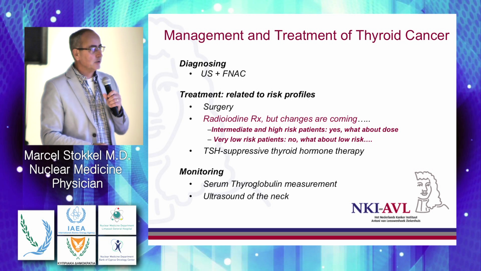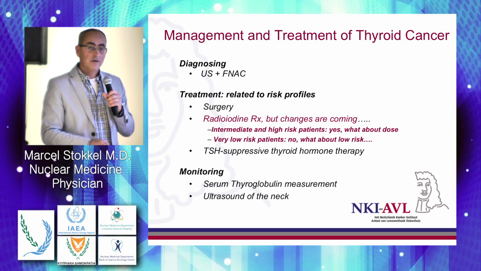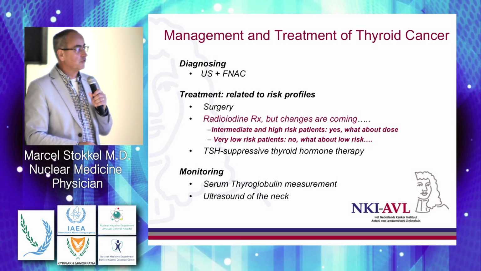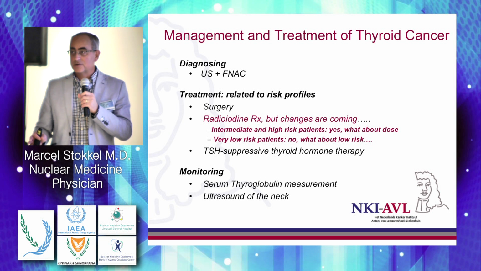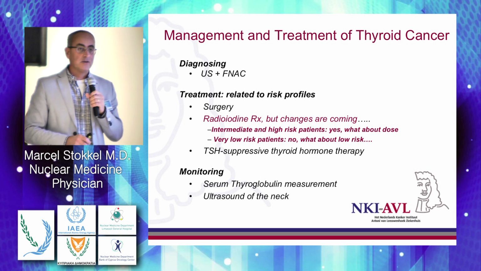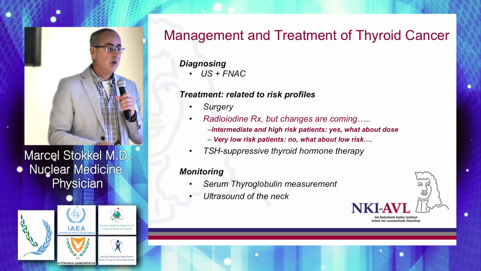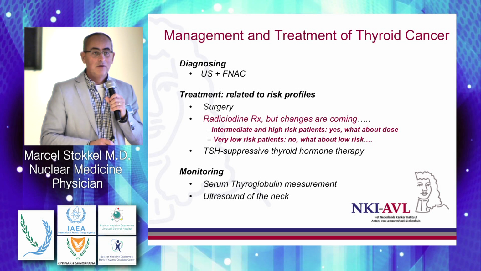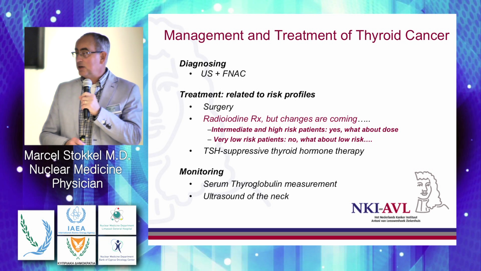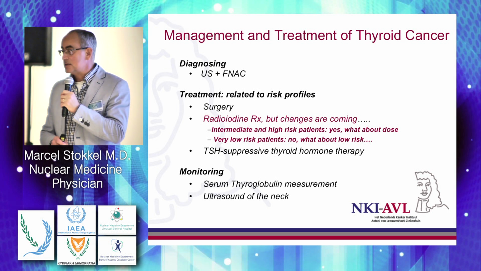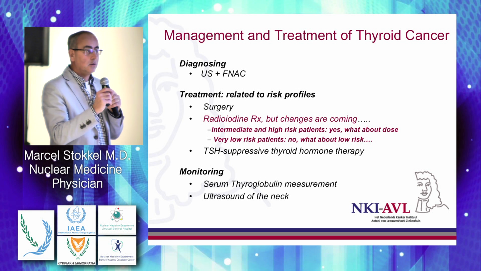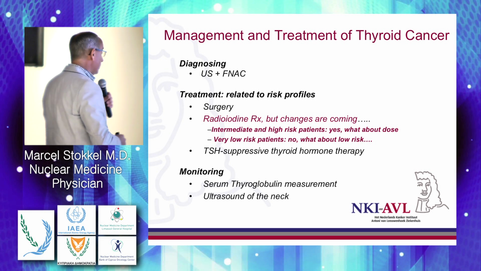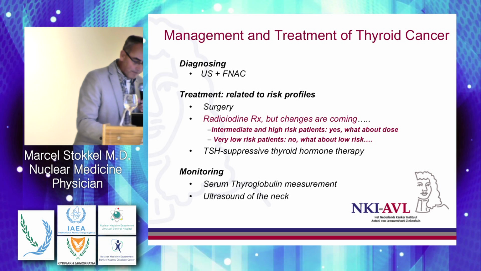Serum thyroglobulin levels stimulated can be measured in combination with ultrasonography of the neck. Only when there is doubt about your results, you may think about a diagnostic scan, but the diagnostic yield of the scan you use is very low. You definitely will miss lesions that are small or show low iodine uptake.